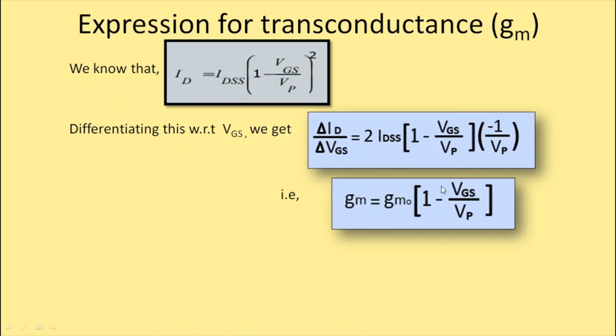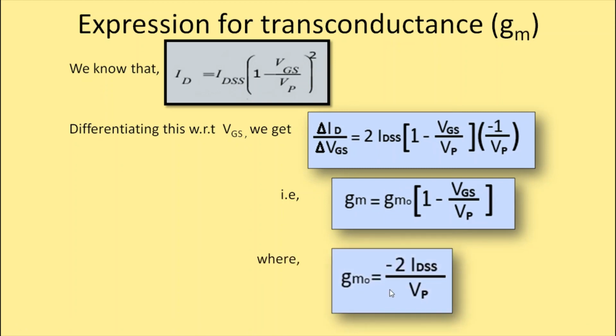All these three terms together, I am replacing it by GMO. So GMO is nothing but minus 2 IDSS by VP. Observe the minus sign I have taken out common here. 2 into IDSS is the numerator term, and in the denominator I am left with VP. So this is the expression for GM or transconductance.